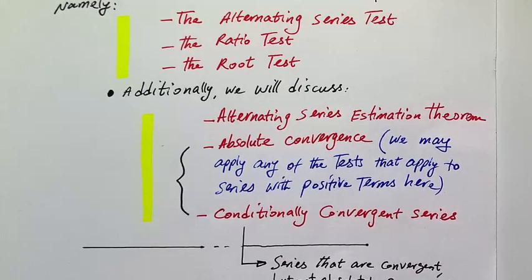But if you look at the negative and the positive terms together and take the sum, then they will converge. So in situations like that, we will say the series are convergent, but not absolutely convergent.